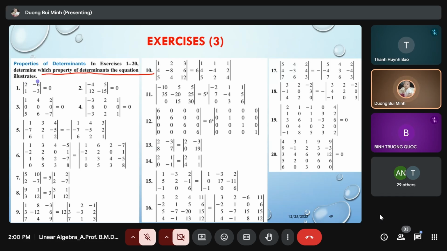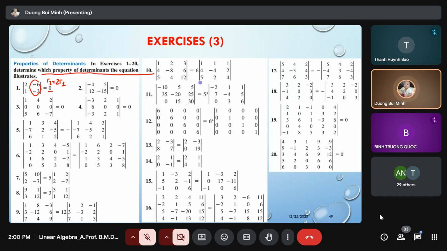For example, here we have R2 equals R1, so the determinant is 0, and so on. Very easy, you just recognize it.